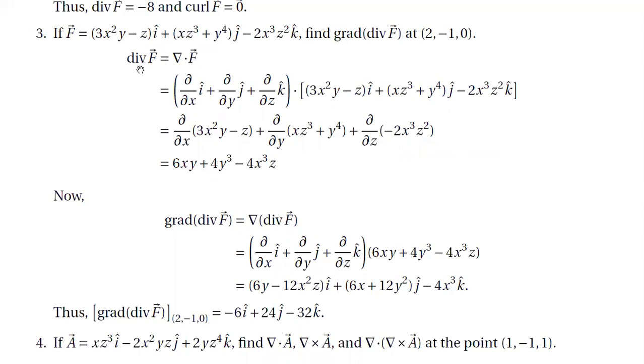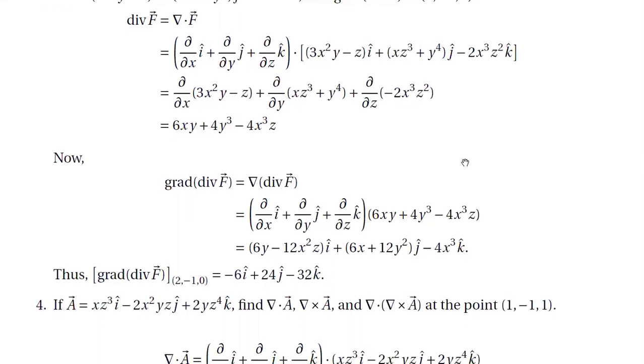So let's find divergence of vector f, that is del dot product with vector f. Del is the vector differential operator, dot product with given vector f. So let's calculate the dot product here. Dou by dou x of 3x square y minus z plus dou by dou y of xz cube plus y power 4 plus dou by dou z of minus 2x cube z square.